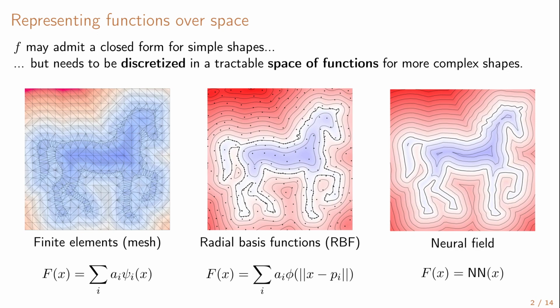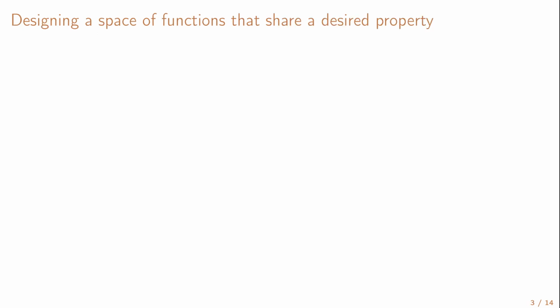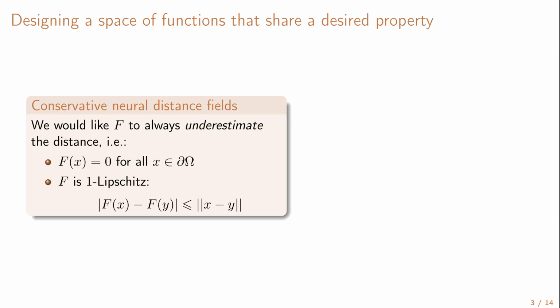The idea I want to play around with today is to design such spaces of functions such that some property is always satisfied. So, design the space of functions as a subset of all functions that share a given property, so that when you optimize, this property will always be true by construction. Since we are talking about distance fields, the property we are interested in is the conservativeness of the field.